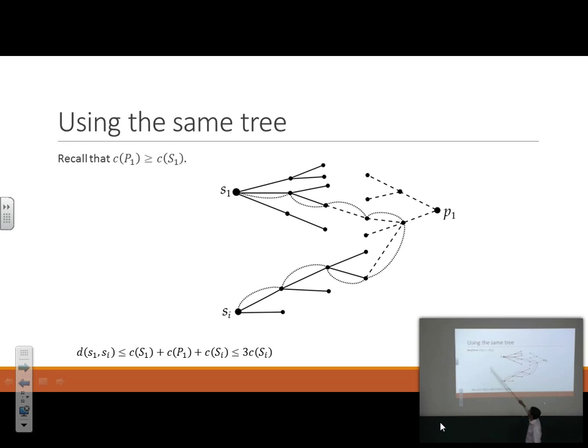That's the assumption. No, smaller than SI. Oh, smaller than SI. Good question. Do I not need that?